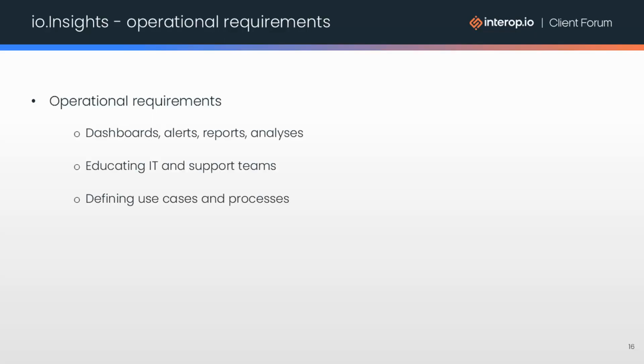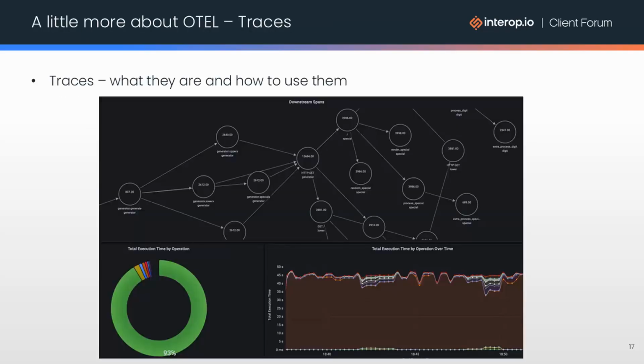The operational requirements for observability refer to the ways your organization wants to make use of the gathered information, and are not something that we can define for you. However, once you start evaluating io.Insights, you can start marking down which aspects are the most useful for your requirements, and our consultancy team will be happy to help you define your own approach to observability.